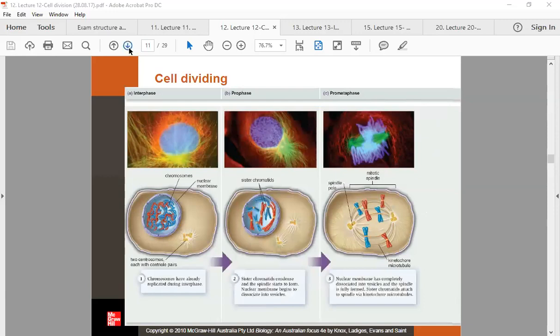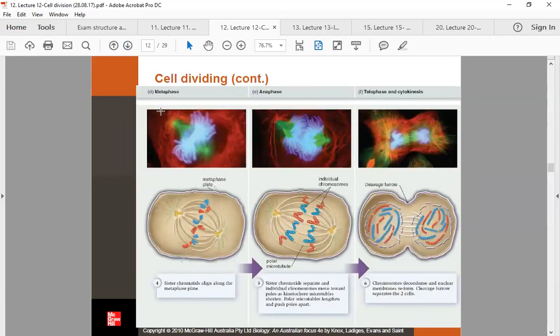Good. Let's go to the next part of mitosis, metaphase. Okay, one major event, important event that occurs during metaphase. It's a pretty easy one, metaphase, I think, and anaphase too. Chromatids align, absolutely. So here they are, sister chromatids, they align, and where do they align?